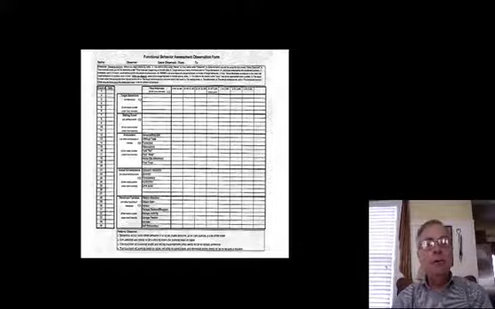Basically what you do is list several target behaviors. You list what the setting events are when the behaviors occur. You identify for the person in advance what some of the antecedents are. Transitions, interruption, being told no, being told to wait, are all very classic antecedents that may evoke a challenging behavior.